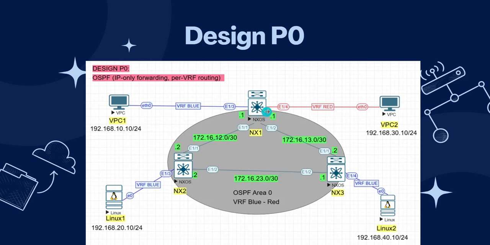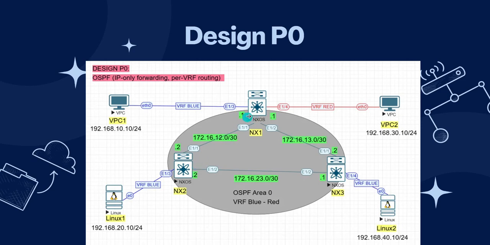This is our first design. It has three routers or layer 3 switches which represent the ISP, connected using OSPF, and all the OSPF is in the same area, area 0.